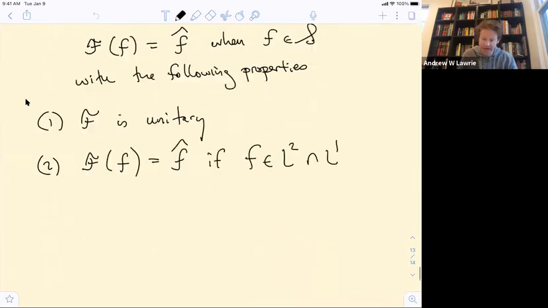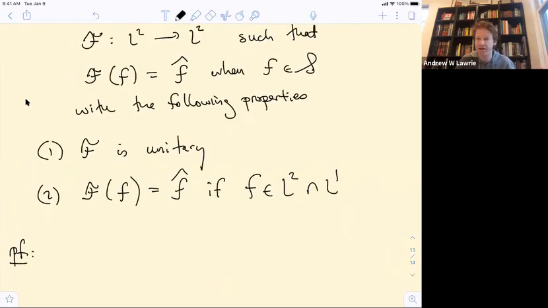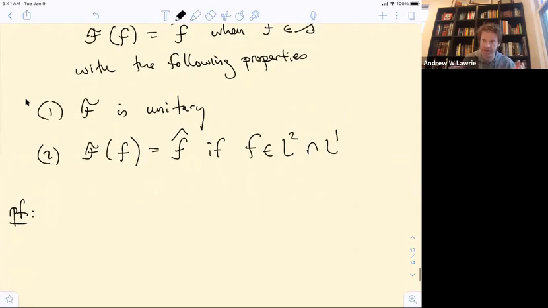So rather than going through the whole proof right now, let me just tell you what you have to do. It might not be obvious that I can find such an extension. But if you think about it, there's really only one thing to try, which is to take a limit.